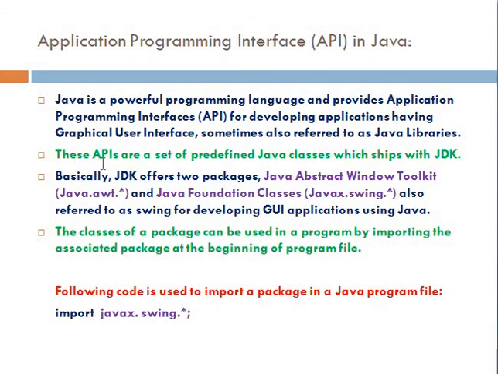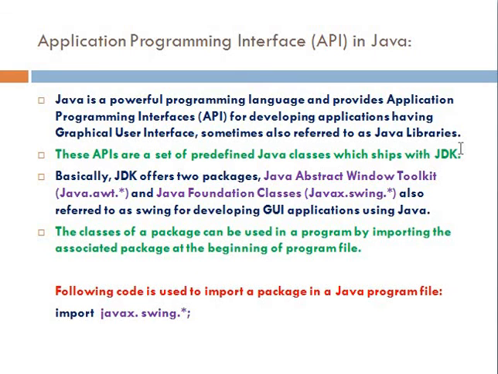So we can define these APIs or the Java libraries as a set of predefined Java classes which ship or come along with the JDK. Now you remember what was JDK? That was the Java Development Kit, and I have already explained this in the first chapter of Java.